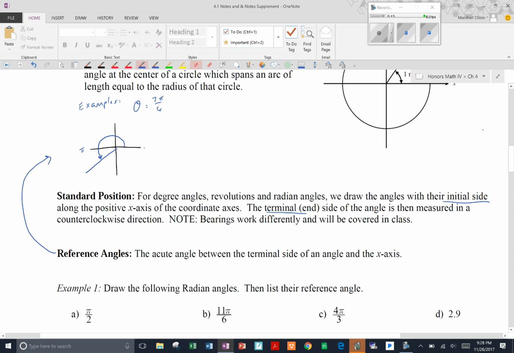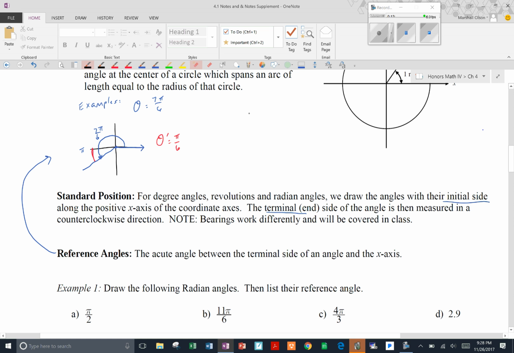So here's 7 pi over 6 right here. The reference angle here is the angle back to the x-axis, which is how far we went past the x-axis to get to 7 pi over 6, which is pi over 6. That's our reference angle there.